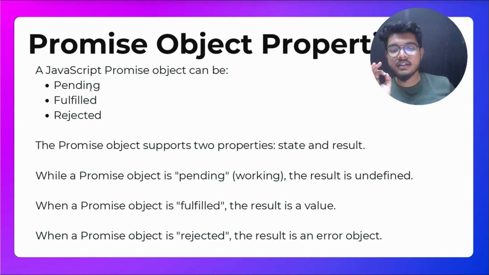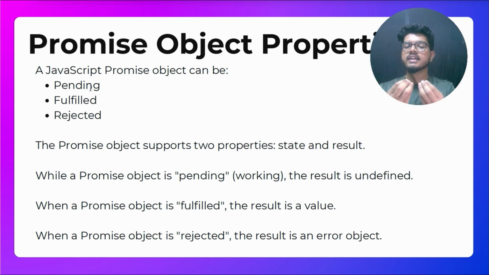Second, when a promise object is fulfilled, you have requested some data and you have received the data back. It is fulfilled, success. So the result is a value. Third, when a promise object is rejected, you have requested the data from the server, and due to some reason, the server told you that it doesn't have that photo or that data. In those cases, there will be an error. I hope it is clear.